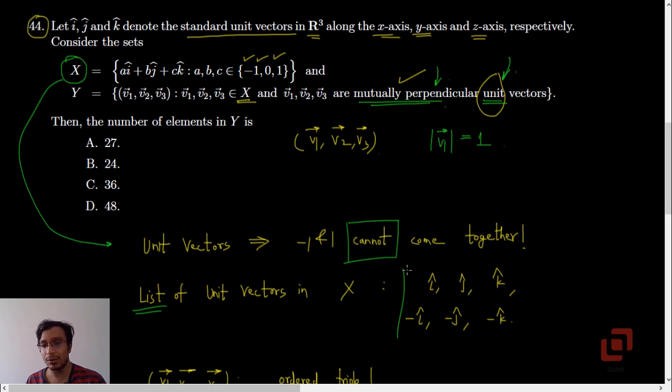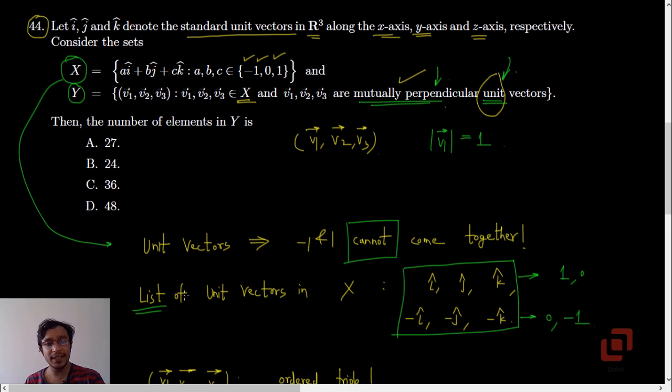And this list is important because the ordered triplets which constitute the set Y will consist of only these 6 vectors. This corresponds to the use of 1 and 0, and this corresponds to the use of 0 and -1. So nowhere in these 6 unit vectors do you see -1 and +1 making their appearance in the same vector.